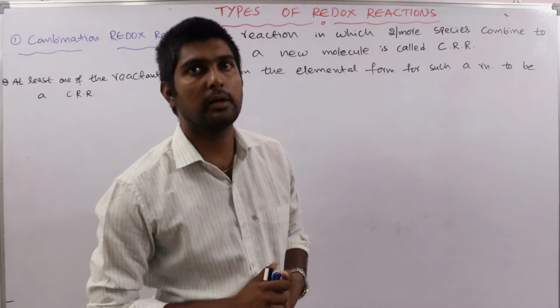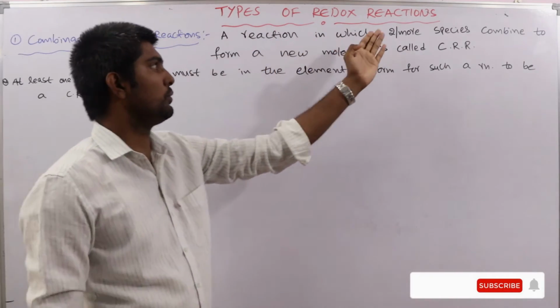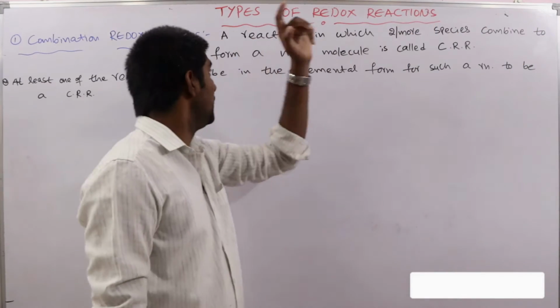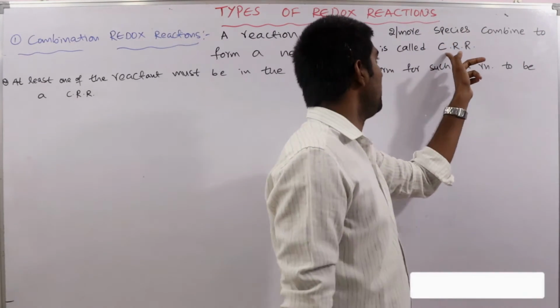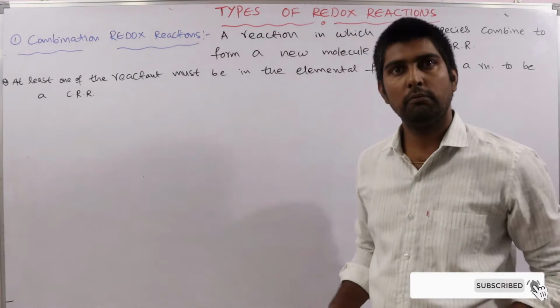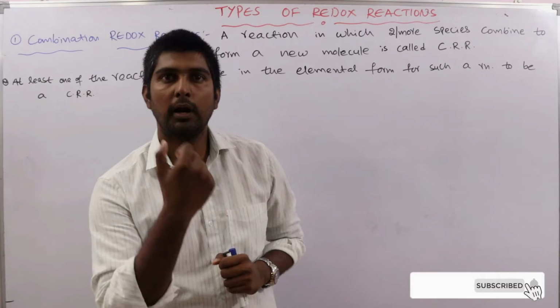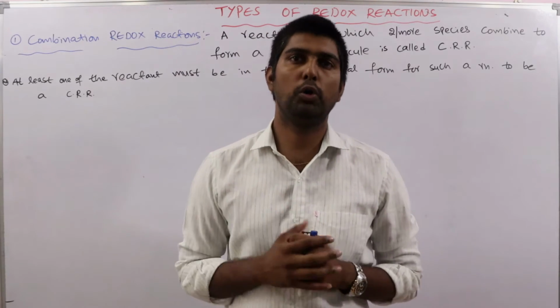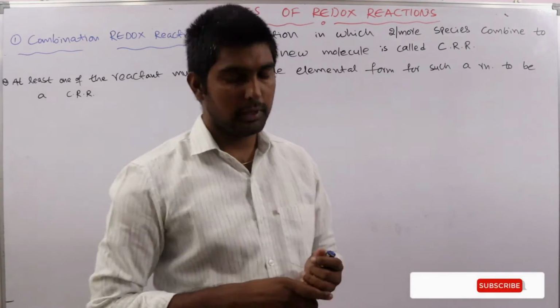A reaction in which two or more species combine to form a new molecule is called a combination redox reaction, CRR. Here one condition is essential: one or more reactants, no problem, but at least one reactant must be in the elemental form.